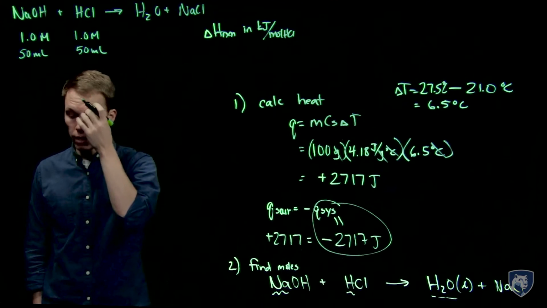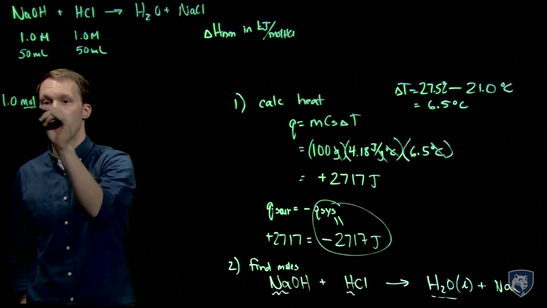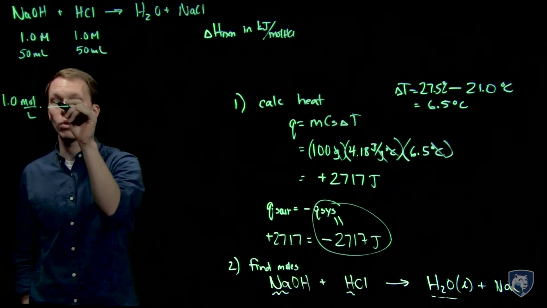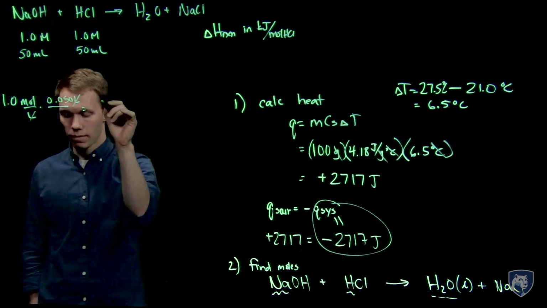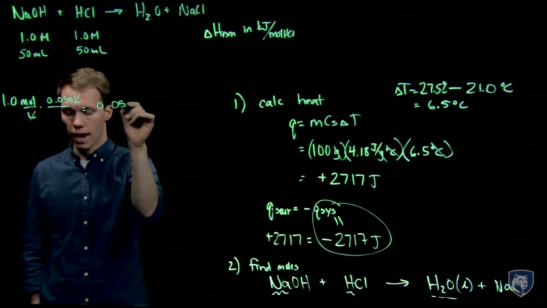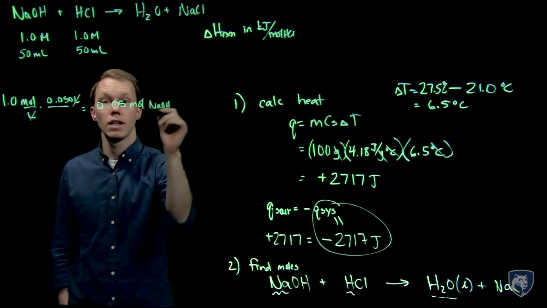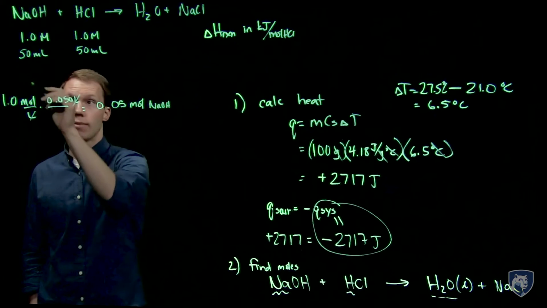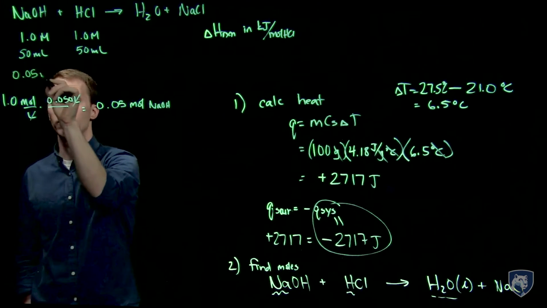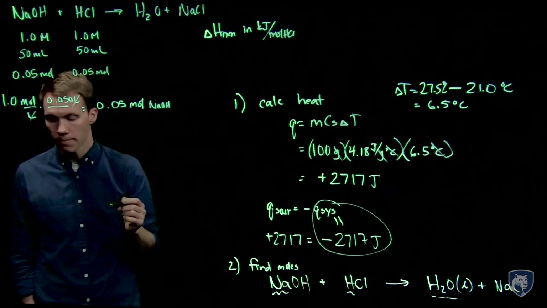So we would convert moles per liter to moles, times 0.050 liters, and that gives me 0.05 moles of NaOH, and the same calculation would hold true for HCl. So this is 0.05 moles, 0.05 moles, okay?